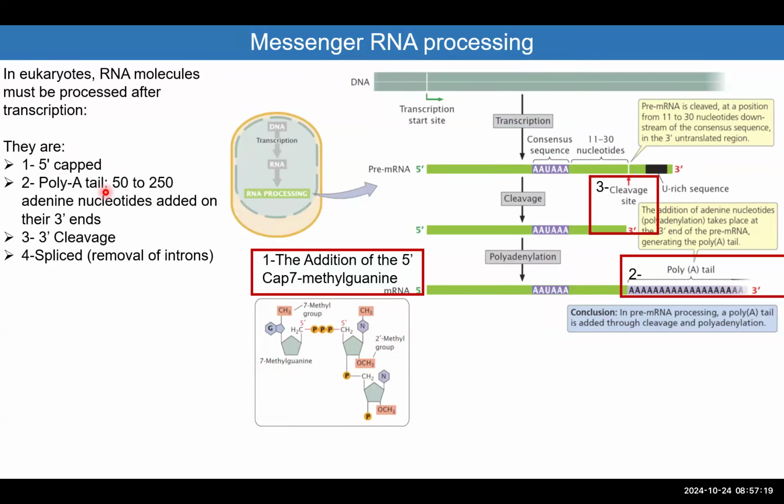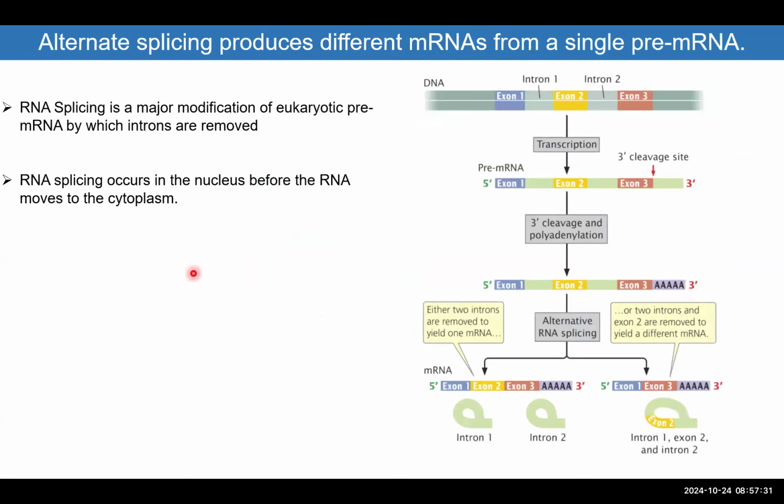Okay, as we discussed in the previous lecture, biodiversity partially comes from splicing. In principle, you have a gene that contains a promoter, then exon 1, exon 2, exon 3, and two introns.